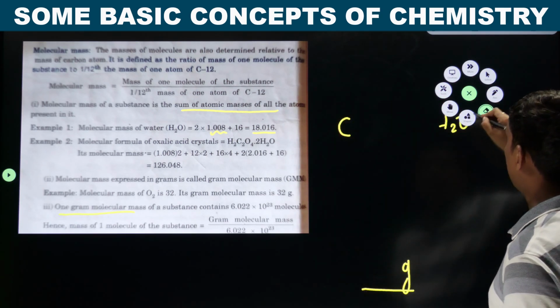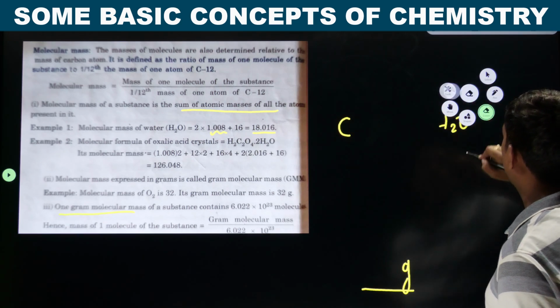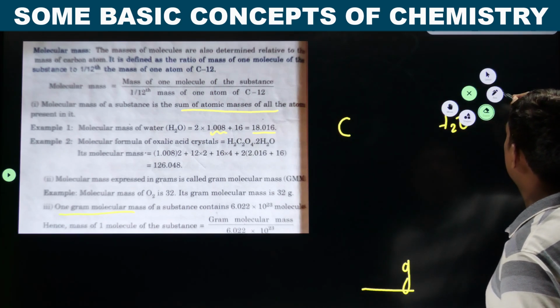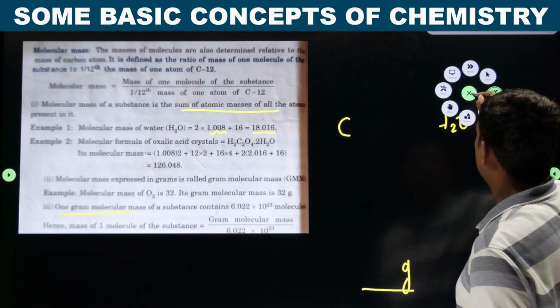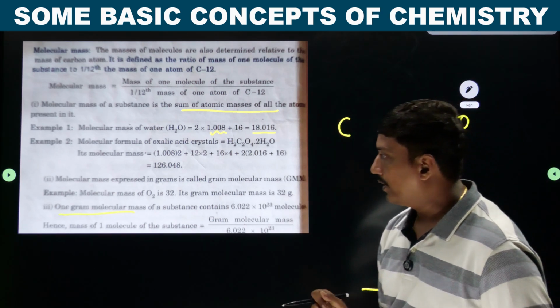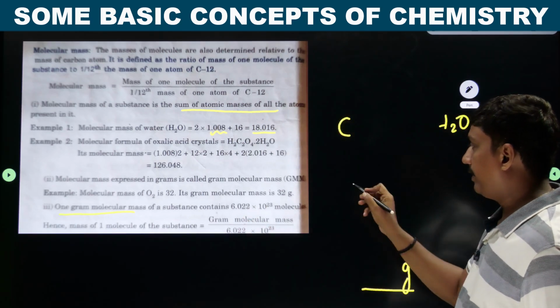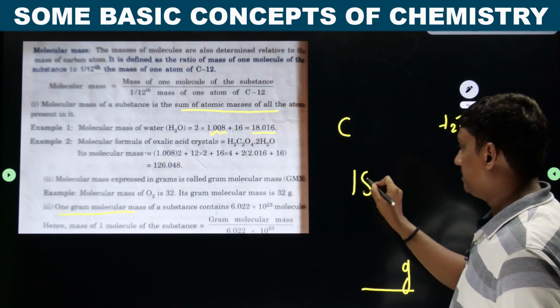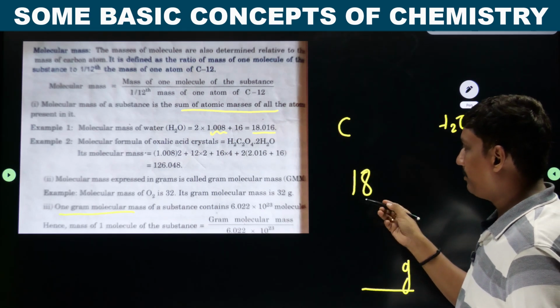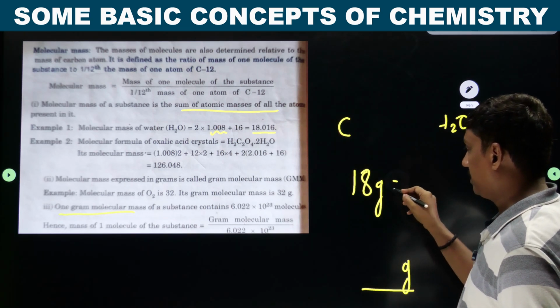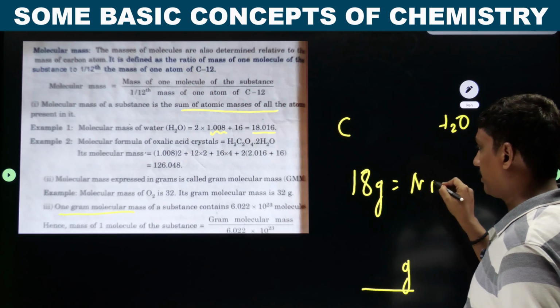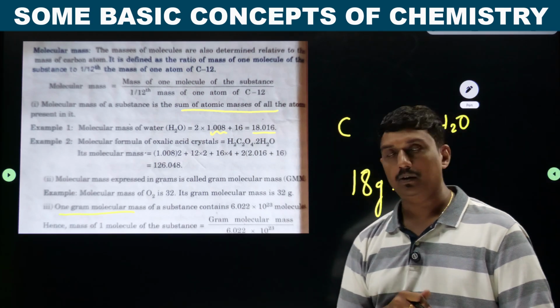For example, the gram molecular mass of water is 18. If you take 18 grams, it is equal to Avogadro number of molecules.